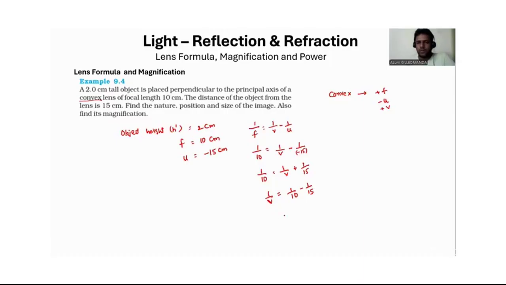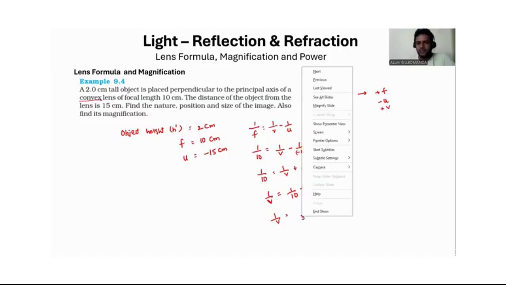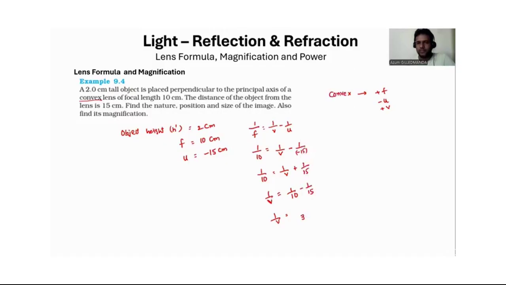Then 1 by v becomes, 15 and 10 means 30. The LCM is 30. So this is 3 times, minus this is 2 times, so that is 1 by 30. So what is v? We should get a plus value, right? So 30 centimeters.